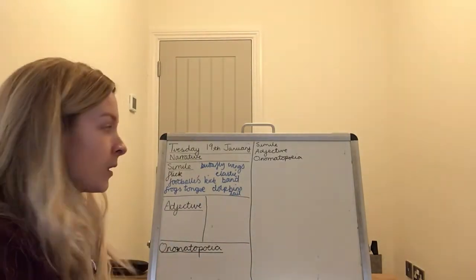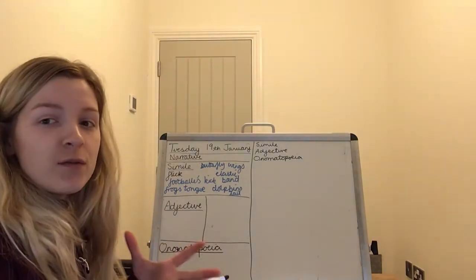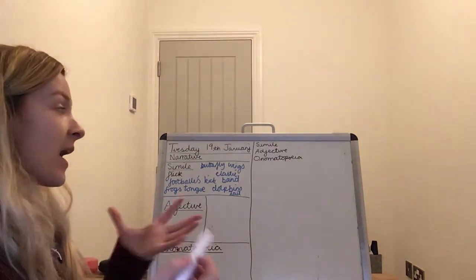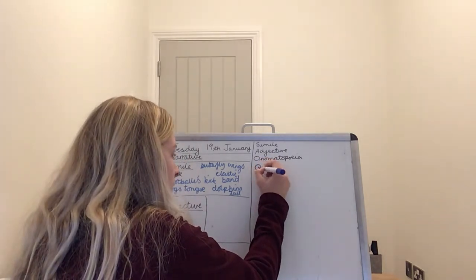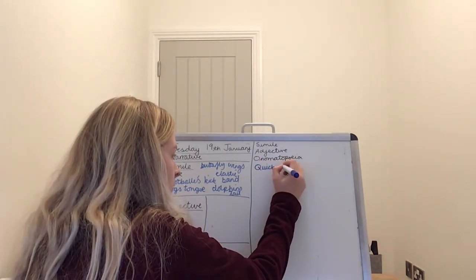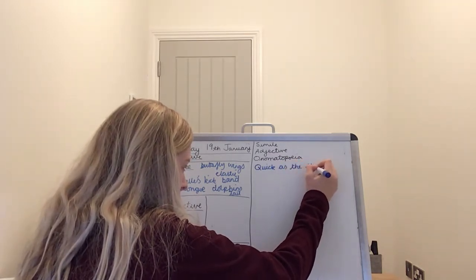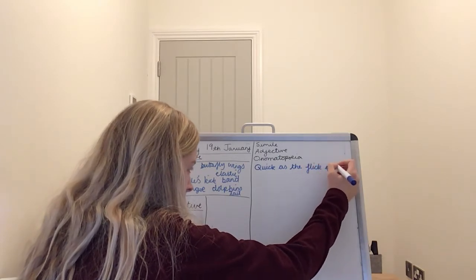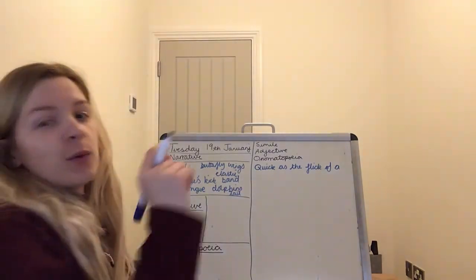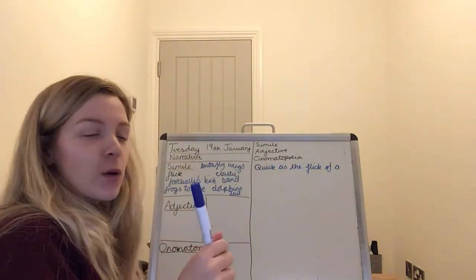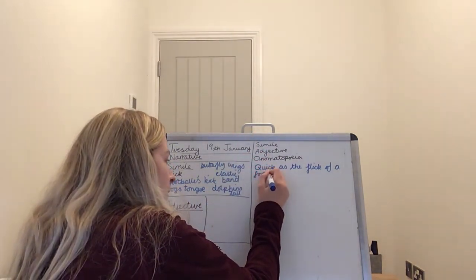So, going straight in with our simile. Quick as the flick of a footballer's kick, because I think they're quite speedy and quite quick, especially when they're heading towards that goal.